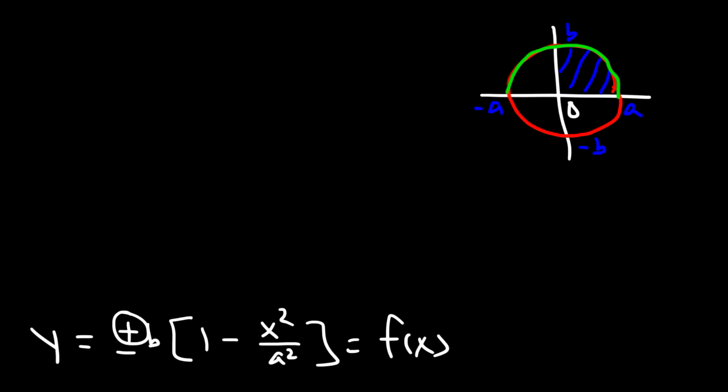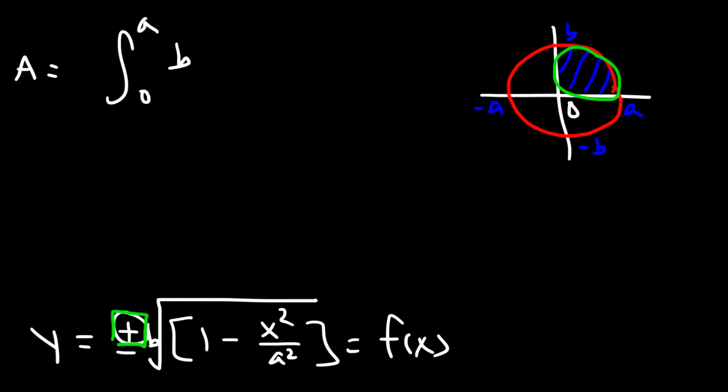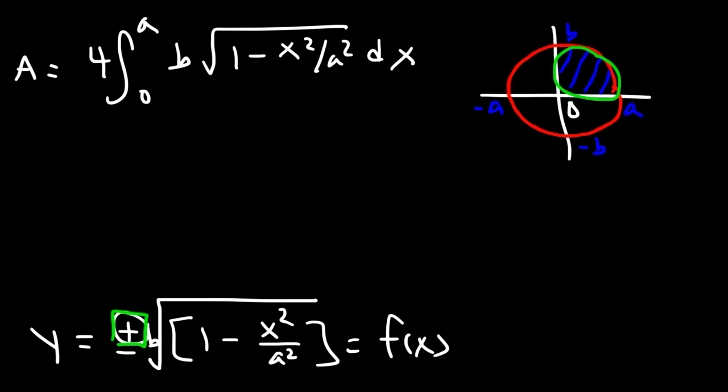Since I'm only going to integrate from 0 to a, and I want the area of this upper part, I don't need to worry about the negative sign, just the positive sign for now. So the area is going to be the integral from 0 to a of the function f of x, which is b times the square root of 1 minus x squared over a squared dx, and I'm going to multiply this by 4.